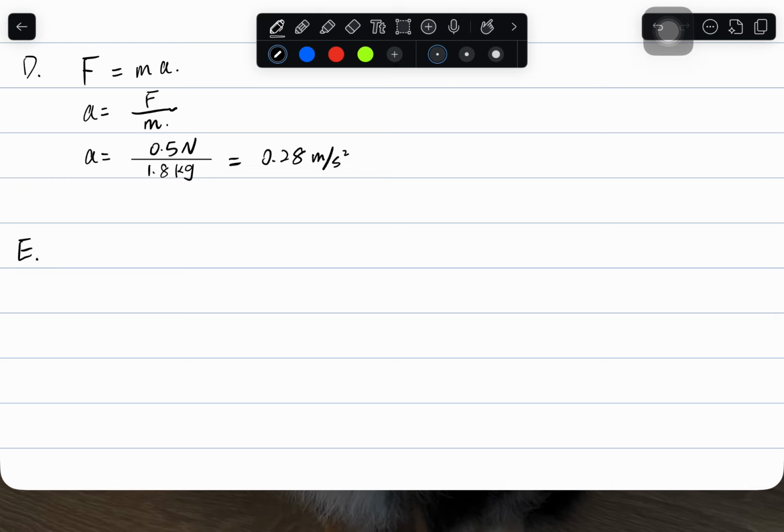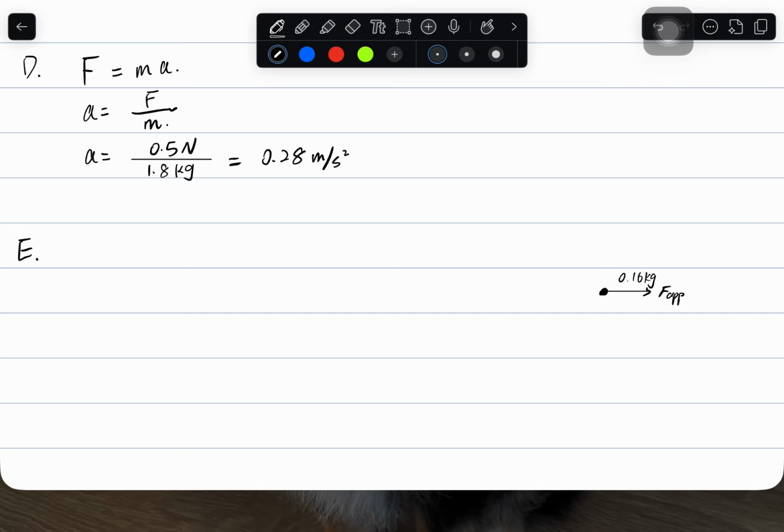So part E. We have ice hockey. You use a hockey stick to hit a puck of mass 0.16 kilograms. So here is the ice hockey puck. We have the applied force, and the puck has mass 0.16 kilograms.